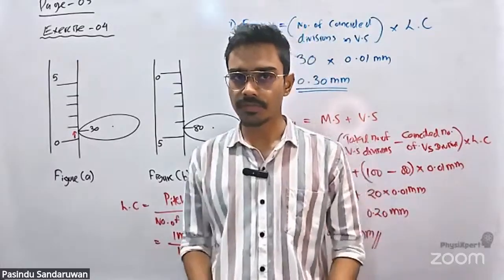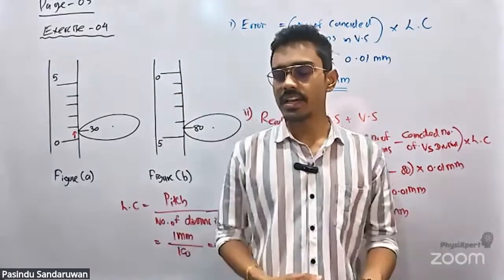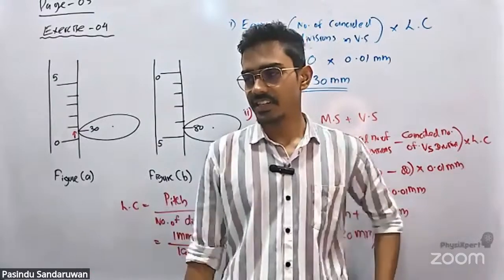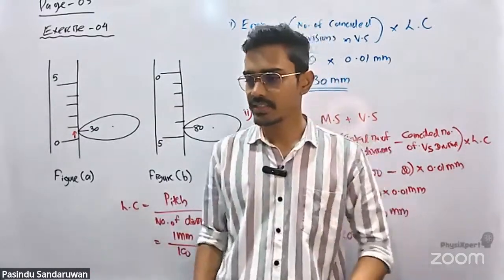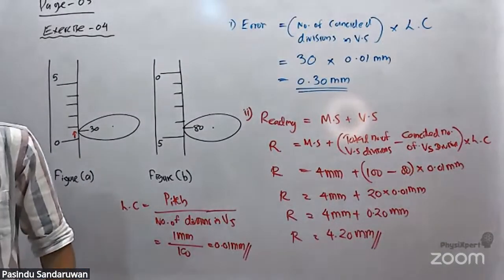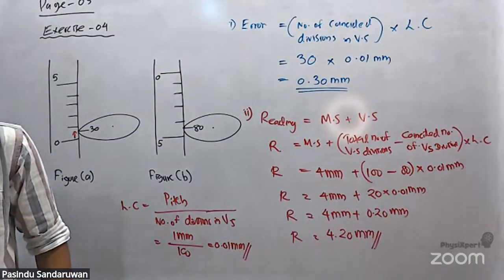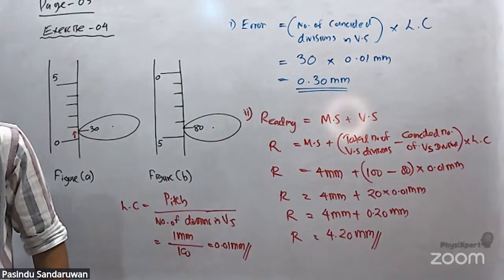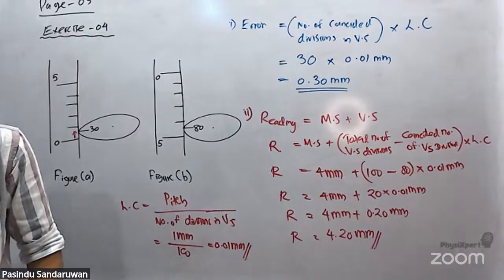One says 4.40. Others? Quickly. 3.90. Others?